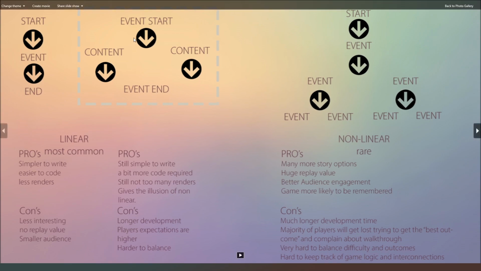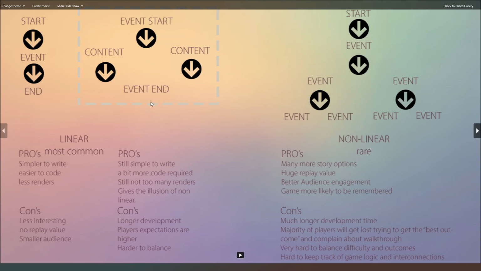The next kind of example is the same as linear in that there is one start and one end, but perhaps a decision that you make at the start of an event will affect how the actual event goes. It achieves the same ending, but the images and the text that you see throughout that particular event, or maybe a series of events afterwards, are different, but ultimately you still end up at the same place.